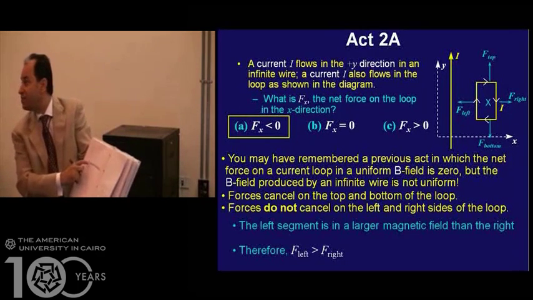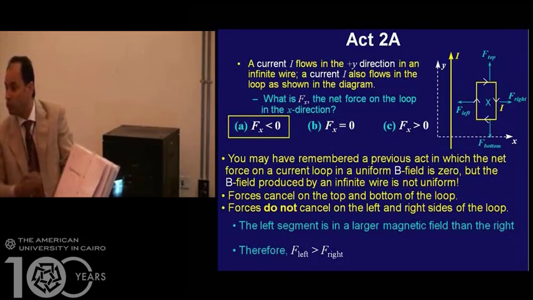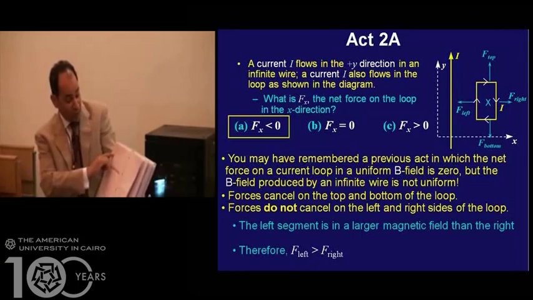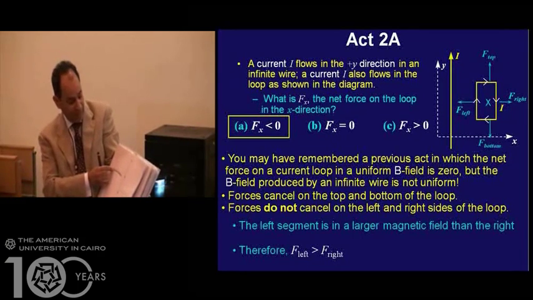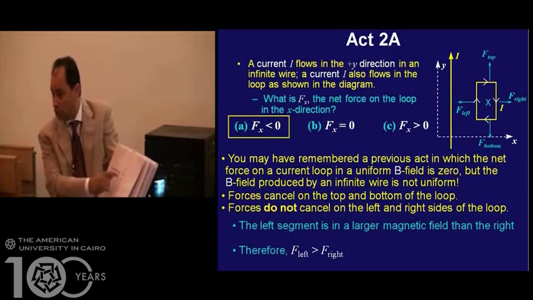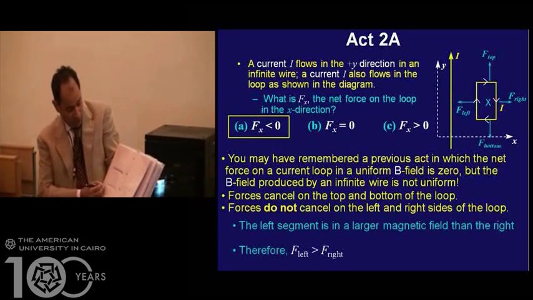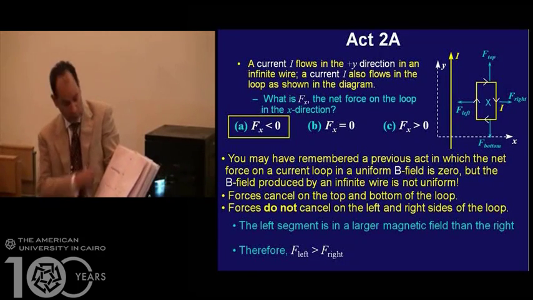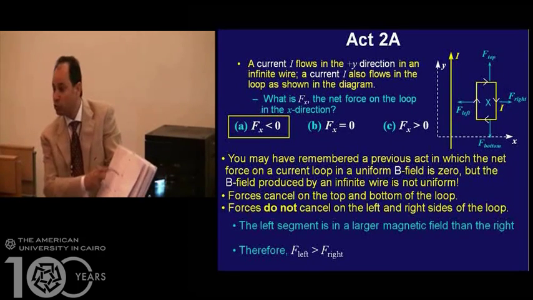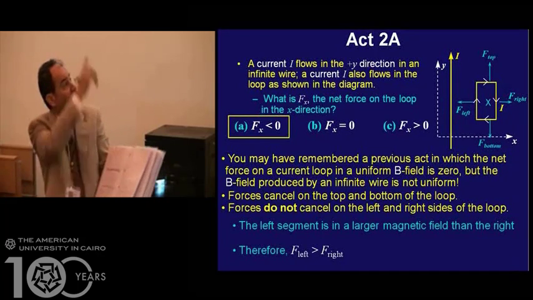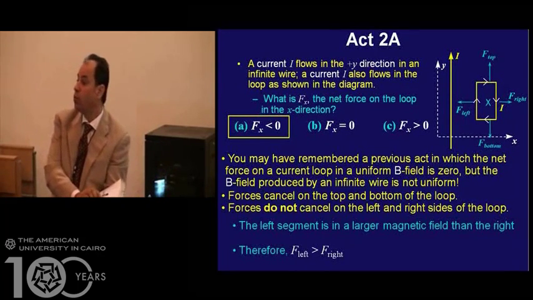And if the magnetic field decreases, the force decreases. Right? So the forces here are not going to be equal, and that segment is going to be different than that segment, and so on. But at the bottom part, this part will have the same force, opposite direction. Those will cancel out. In here, this force and that force will be equal in magnitude, opposite direction. They will cancel out. So the top part and the bottom part will give you zero force.